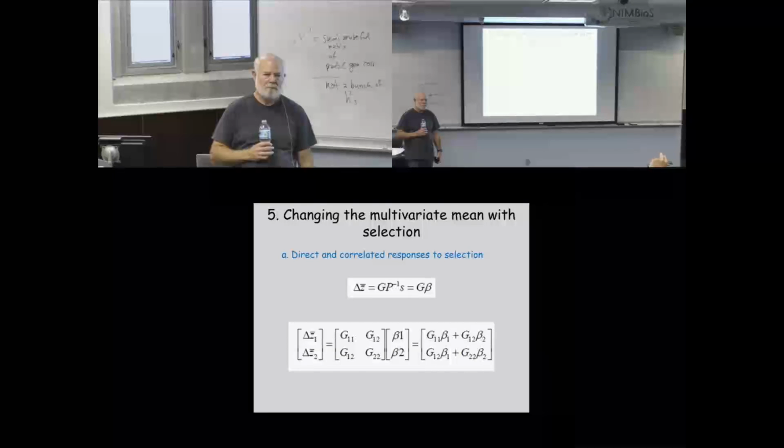We have a response to selection equal to a variance component, the V sub A or the G matrix, times some sort of selection component, which is either a beta, a vector, in the multivariate case, or S divided by V sub P if you're just thinking about a univariate case.